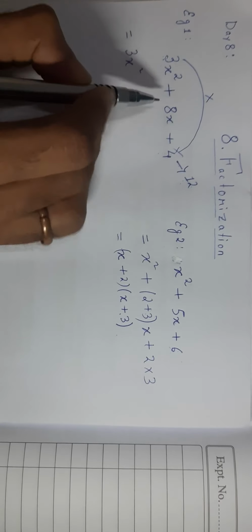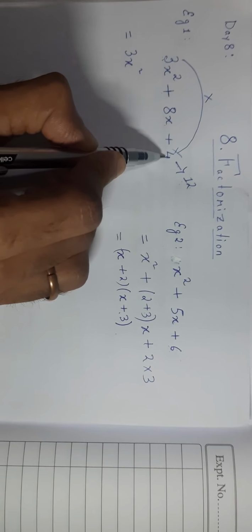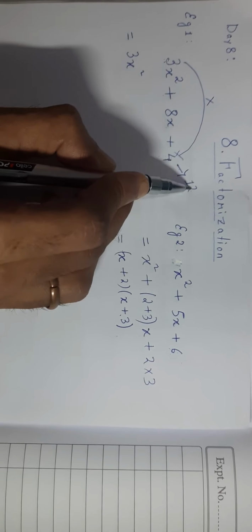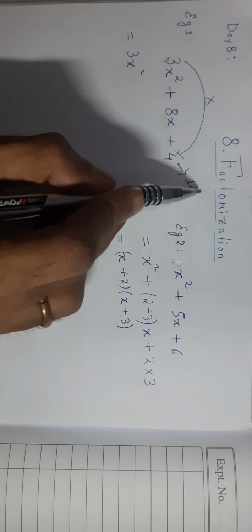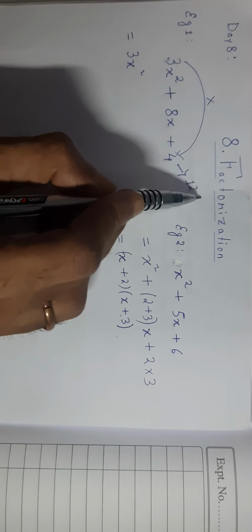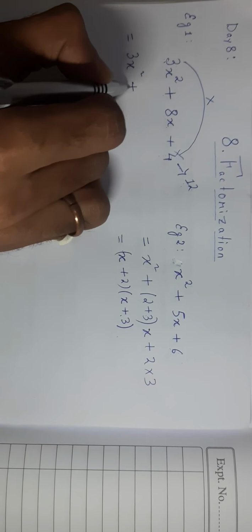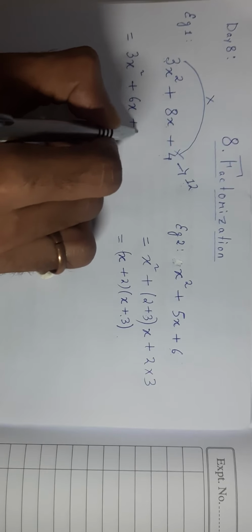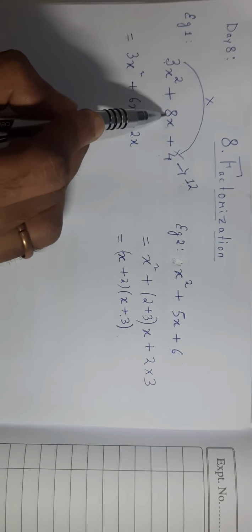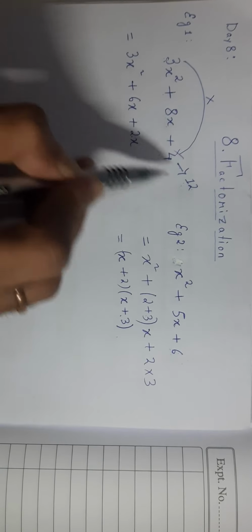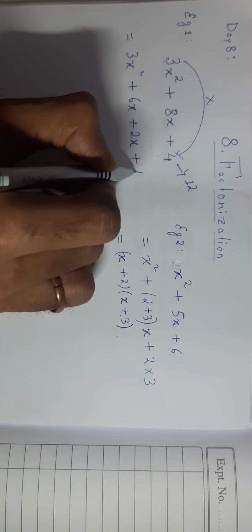3x square. Now here it is 8x and here it is now 12, not 4. Since here it is 12, I have to take two numbers such that their sum will give me 8 and multiplying those two numbers will give me 12. So those two numbers can be 6x plus 2x, since 6 plus 2 is 8 and 6 into 2 is 12, plus 4.